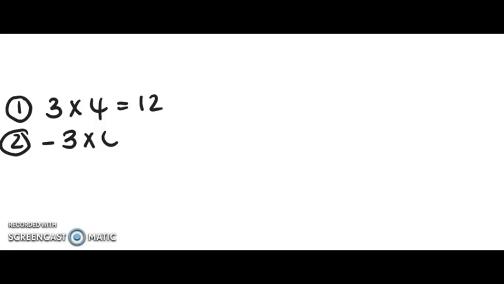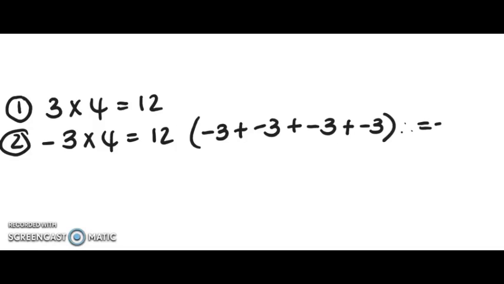We already know that 3 times 4 is 12. We can also write this equation as negative 3 plus negative 3 plus negative 3 plus negative 3. Therefore, the answer will be equal to negative 12.